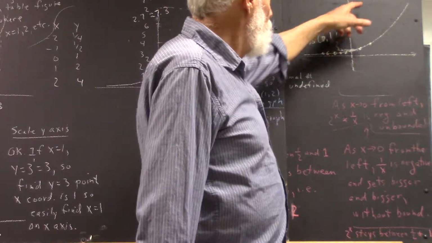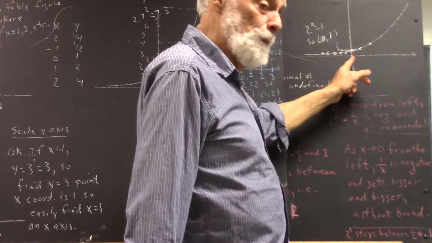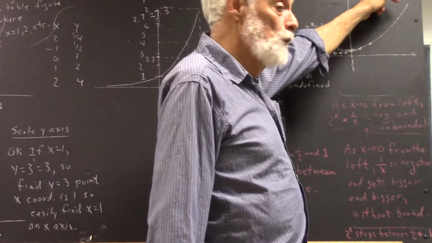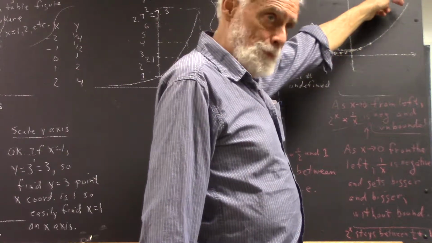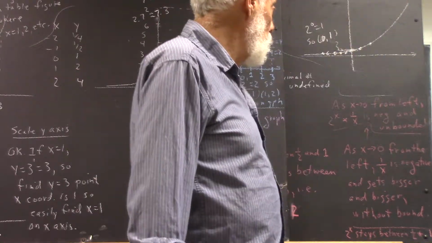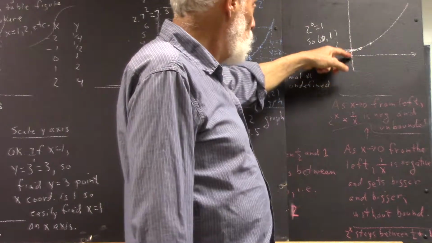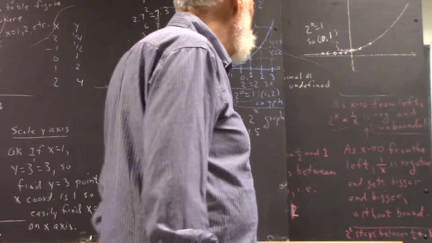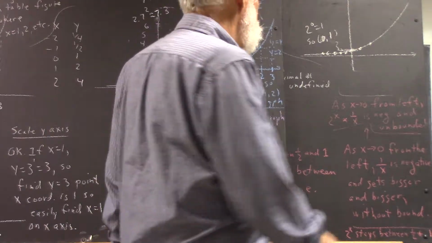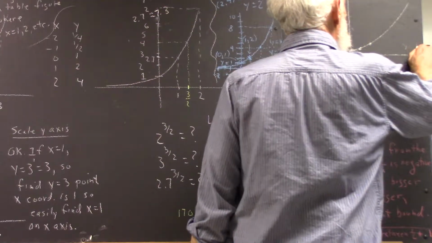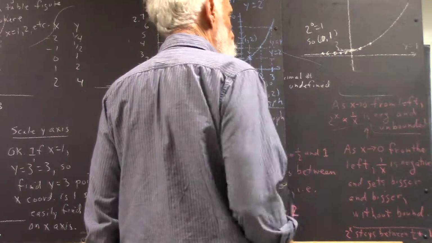The only place x is 0 is here, and the only value you can have for y equals 2 to the x, or any base to the x power, when x equals 0, anything to the 0 is 1, so the coordinate here has to be 1. Now this is where y equals 1, everywhere to the right and left here.